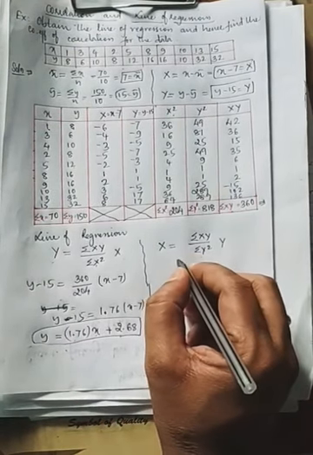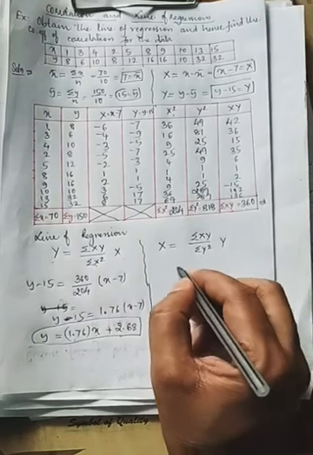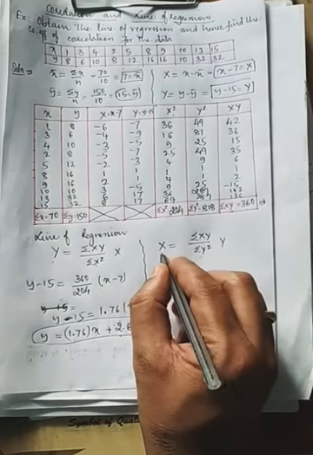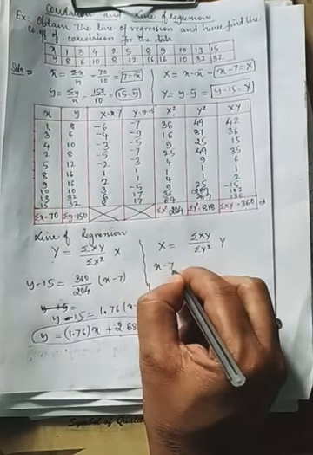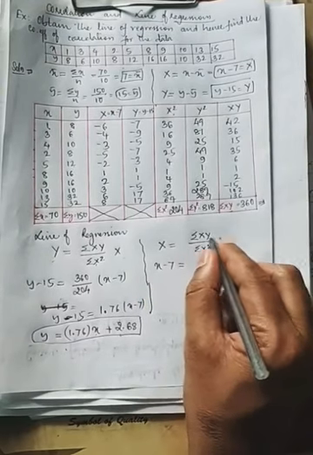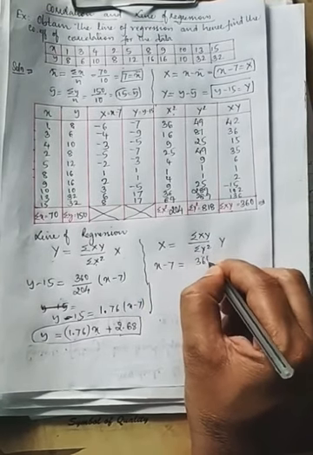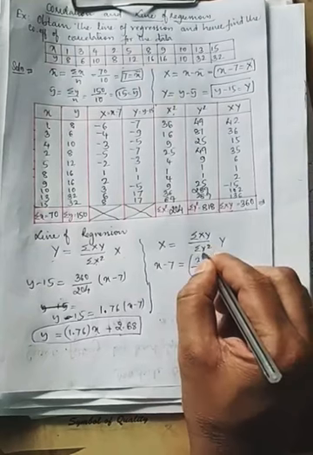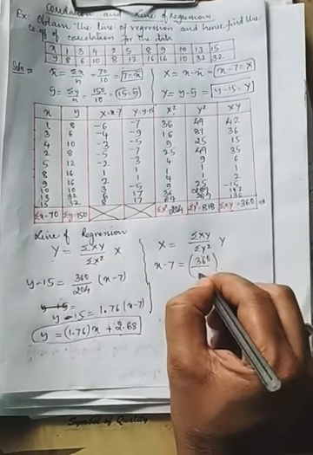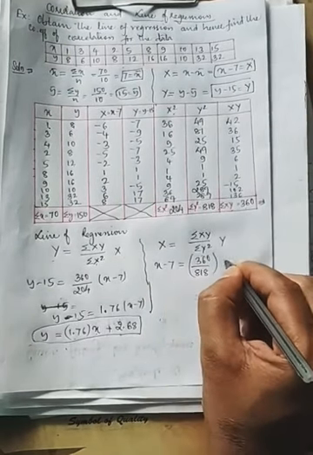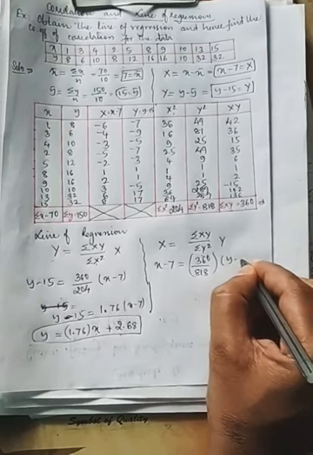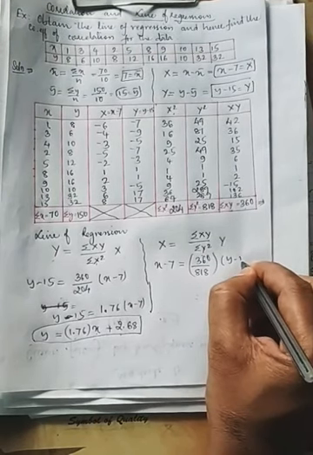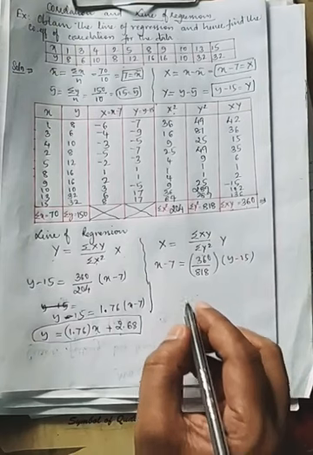Similarly, calculate the line of regression of x on y. Capital X is nothing but x minus 7, equal to summation of x into y, which is 360, divided by summation of capital Y square, that is 818, into capital Y, that is y minus y bar, that is y minus 15.